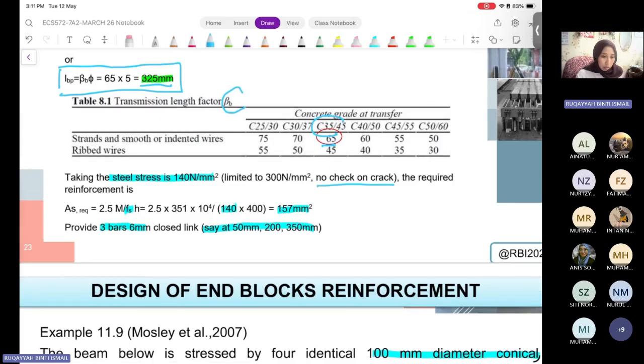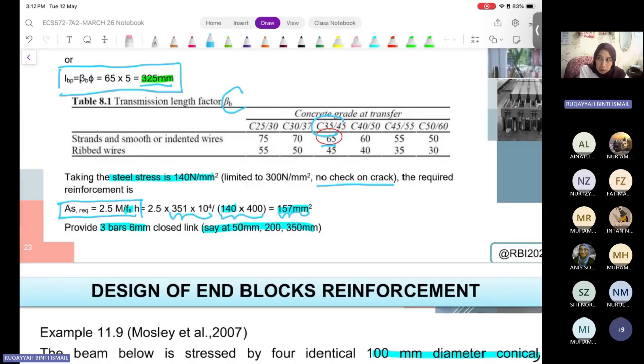So the required reinforcement that we can provide for our end block, we can take this formulation, where we take 2.5 multiplied by the moment capacity that we already calculated just now based on the stress contributed from the tendon, and divide by your strength multiplied by the height of your beam section. So the total is around 157 mm square.